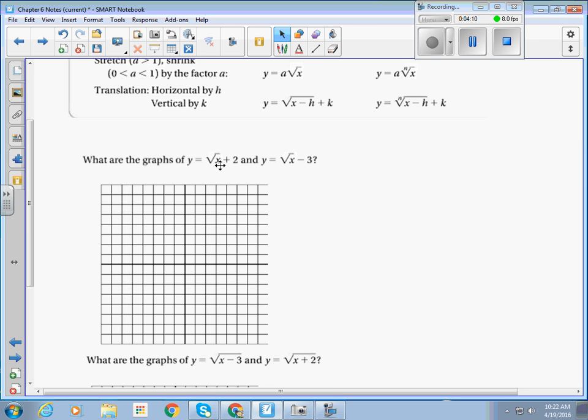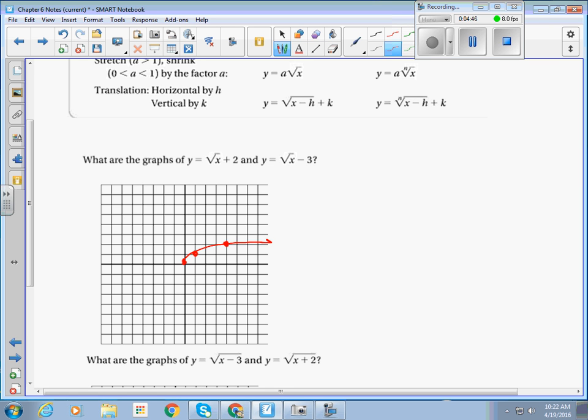What are the graphs of square root of x plus 2? So this is our parent function. I'm just going to put the parent function in red. So a square root function: square root of 0 is 0, square root of 1 is 1, square root of 2 is 1.4, square root of 3 is 1.7, square root of 4 is 2.